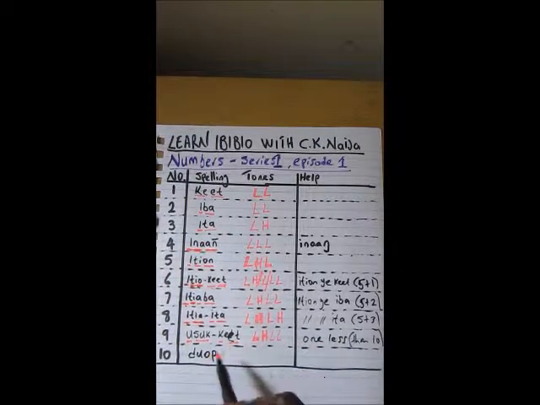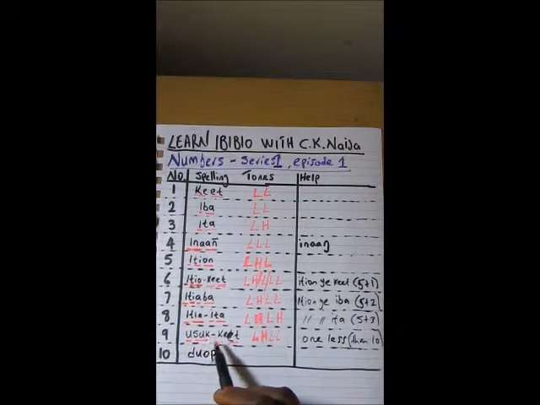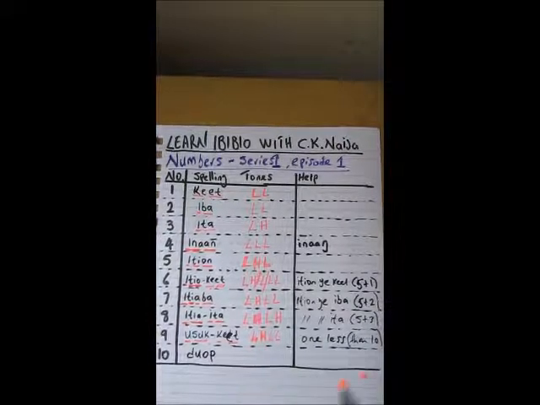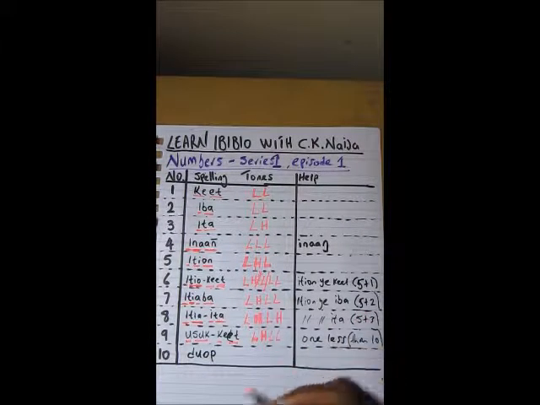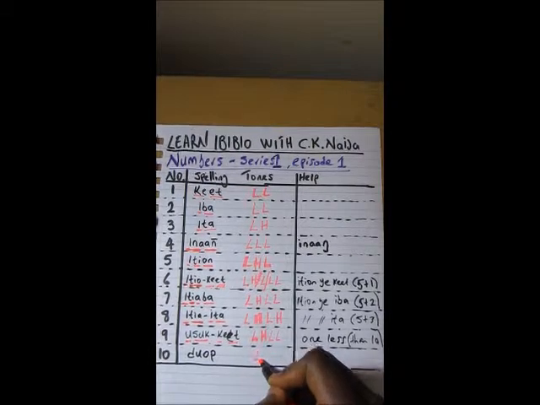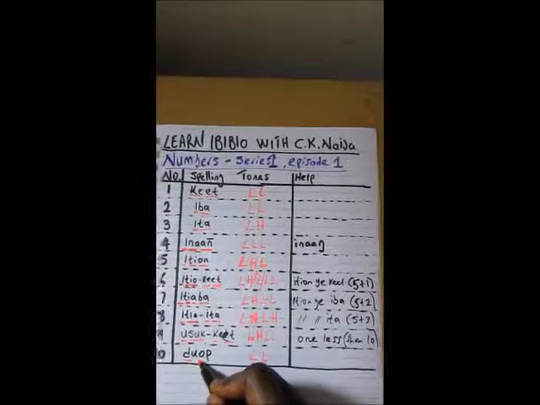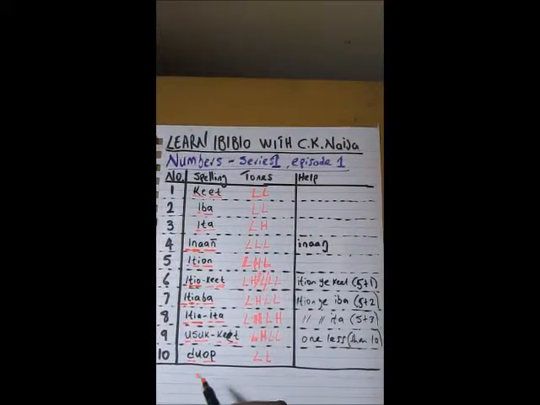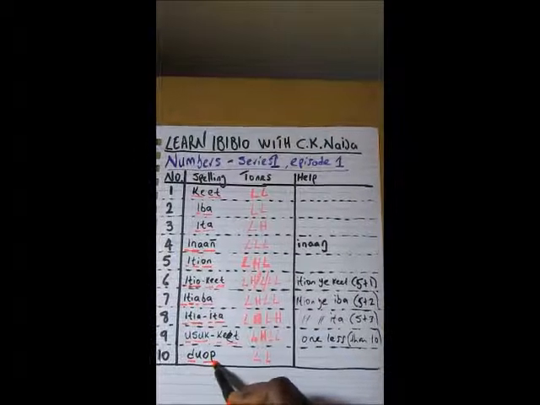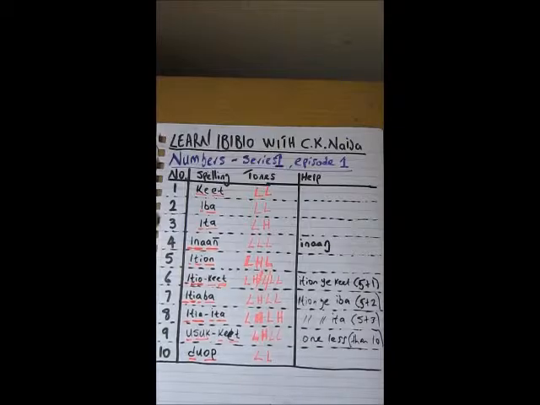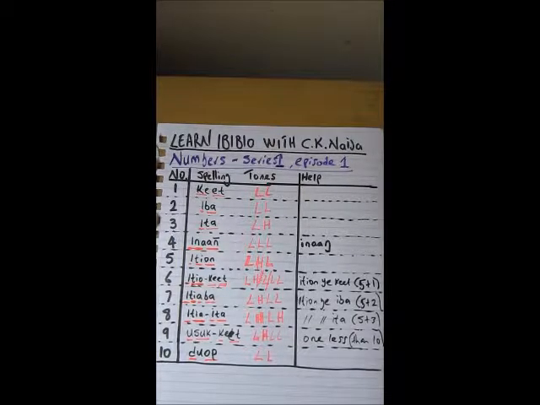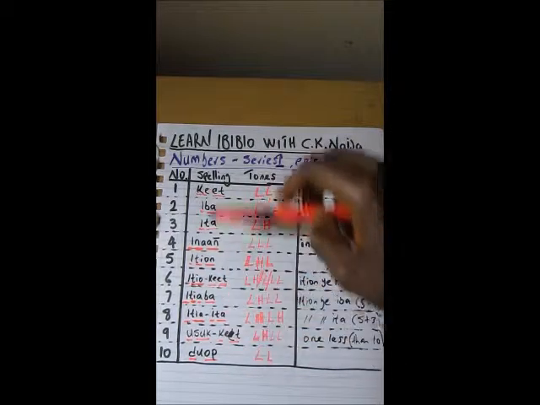So osoke, low, high, low, low, and duop, which means 10, right? 10, we have 2 low tones. Duop, 2 low tones. So those are the tones of how to say the different words.